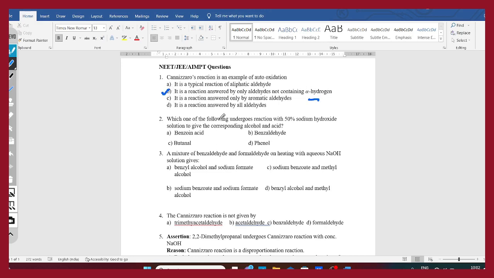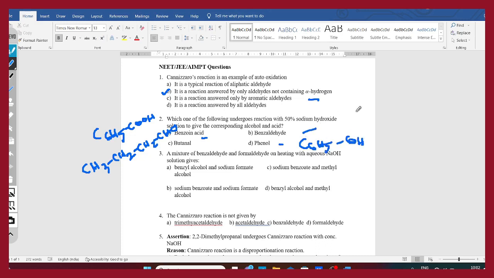In the second question, which one of the following undergoes reaction with 50% sodium hydroxide solution to give the corresponding alcohol and acid? Benzoic acid, you know the structure, C6H5COOH, and butanol. Butanol, this is the phenol, C6H5OH.